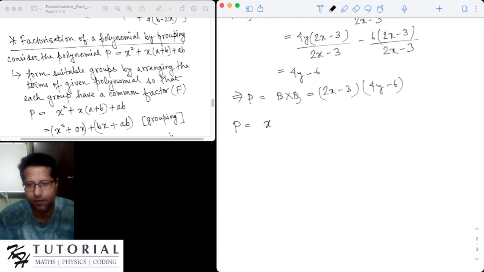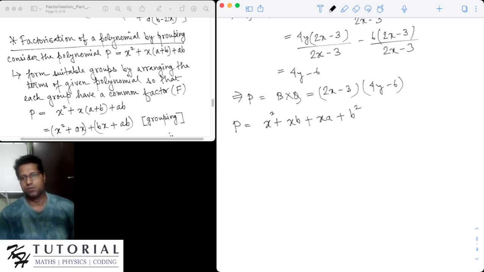You have the polynomial p equal to x square plus xb plus xa plus b square. You are asked to factorize the polynomial p.